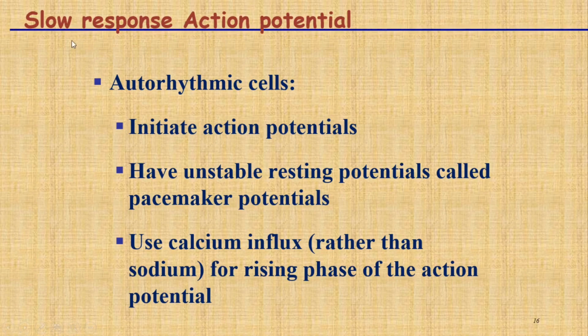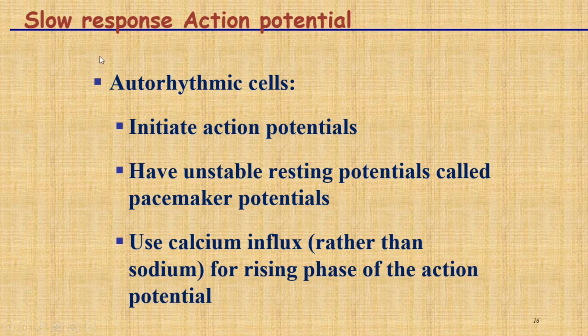It is caused by pacemaker tissues like the SA node and AV node, which are autorhythmic cells. They will initiate their own action potential without any extrinsic influence. It means they have a spontaneous activity to form an action potential. There are no extrinsic factors required to form an action potential.